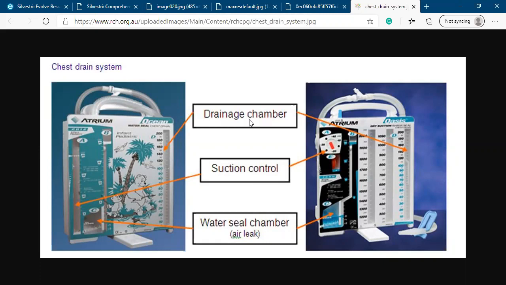It means whatever secretions accumulate in the lungs will be drained and collected in this chamber, right? If you read this chamber, you can get a record of how much fluid is collected. So the record of the drainage we can find in the drainage or collecting chamber. It is very important.